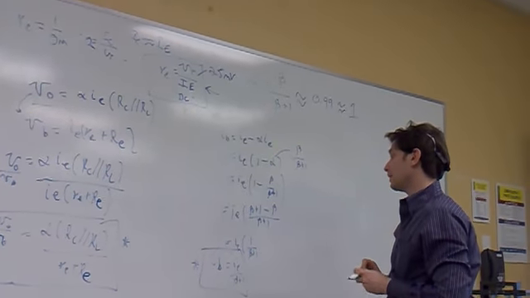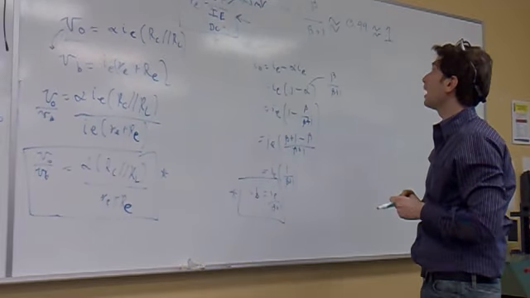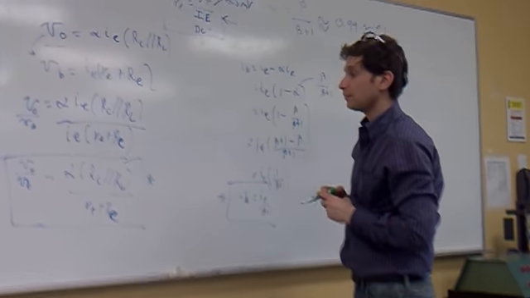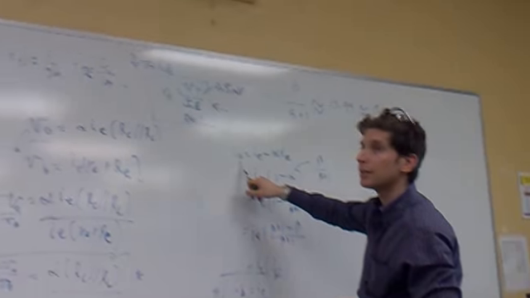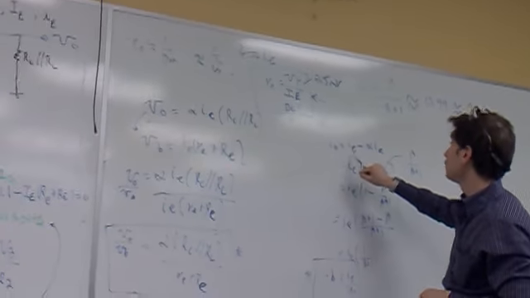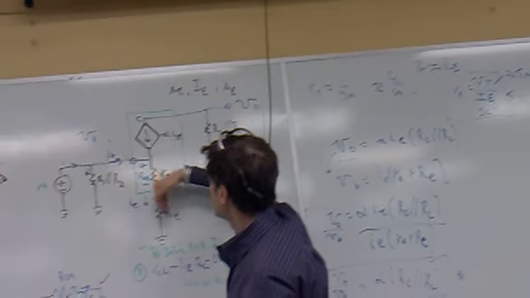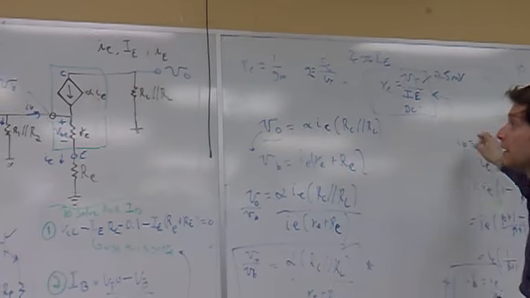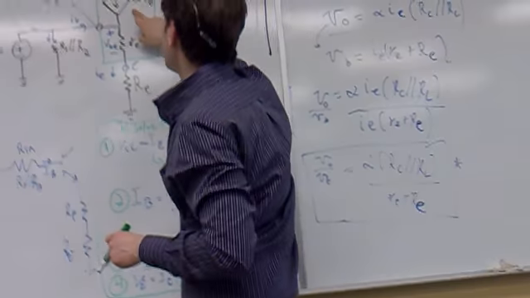Now, I think there's a question that asks you for IB, the current going into the base, which is the total current going through here minus the current that's being supplied by this guy. Right?